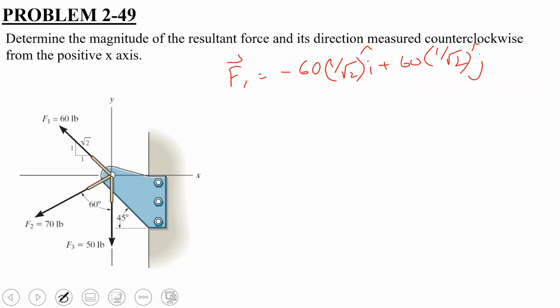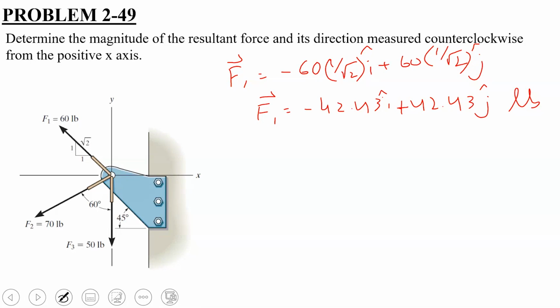So this is how we can write F1 in Cartesian notation. Once you calculate these values, F1 comes out to be minus 42.43 i plus 42.43 j, and the units are pounds.